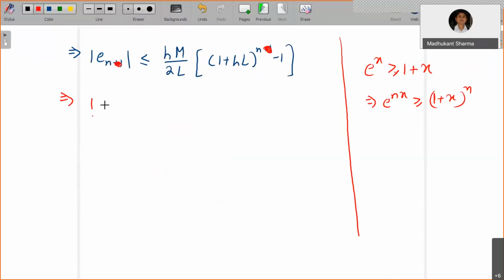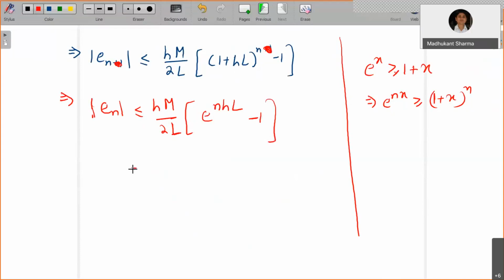So this implies mod of En is less than or equal to hM by 2L times, now (1 + hL)^n is less than or equal to e to the power nhL, minus 1.